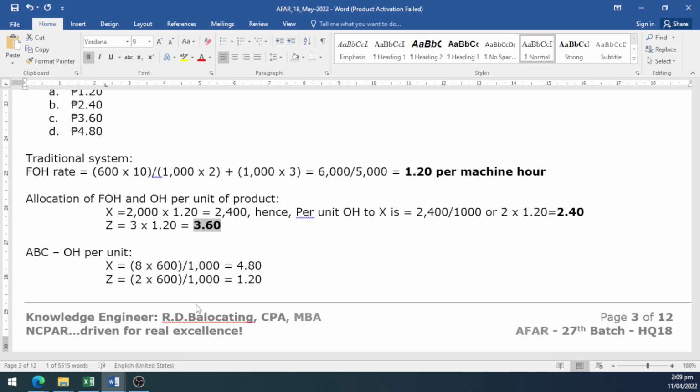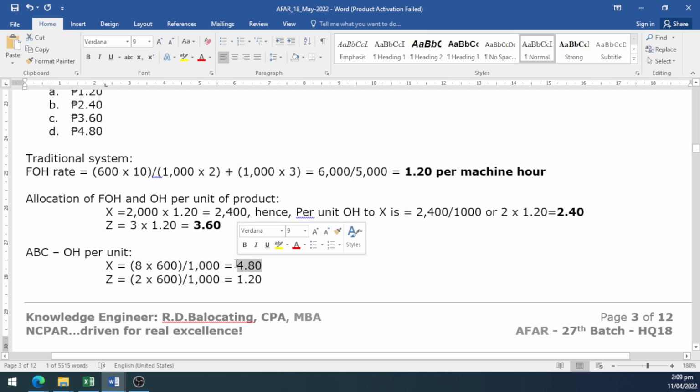Each change order will cost 600. 8 times 600, the total overhead to X is 4,800. And there are 1,000 units of X. So the per unit overhead for product X is 4.8. And for product Z, 2 change orders, 2 times 600, that's 1,200 over 1,000. That's 1.2.